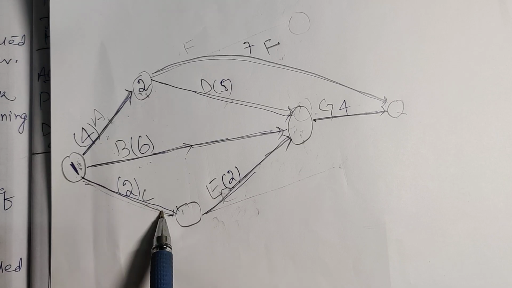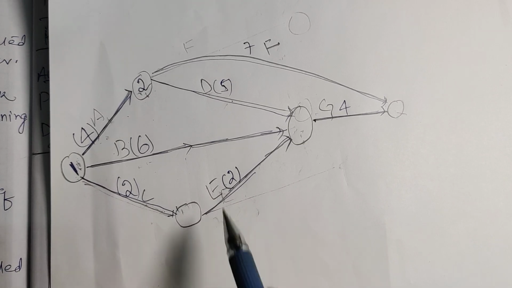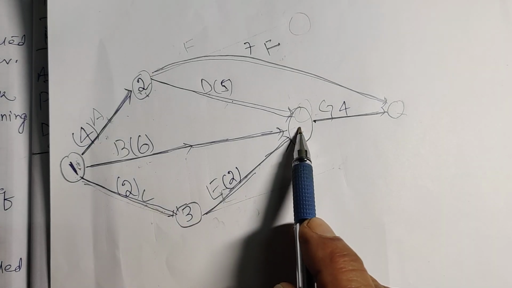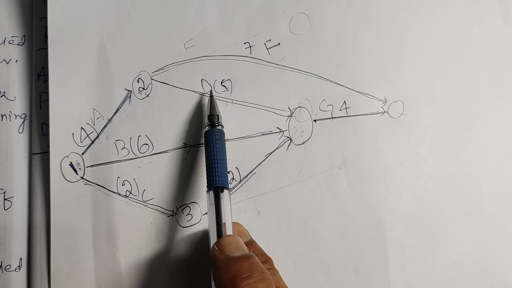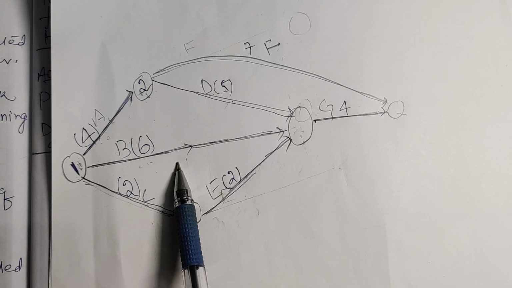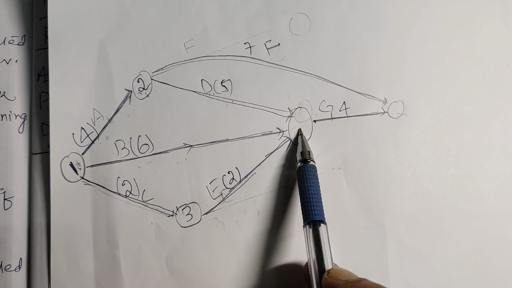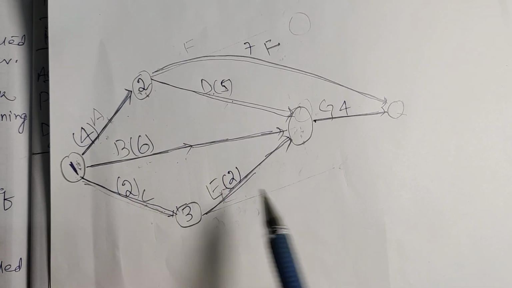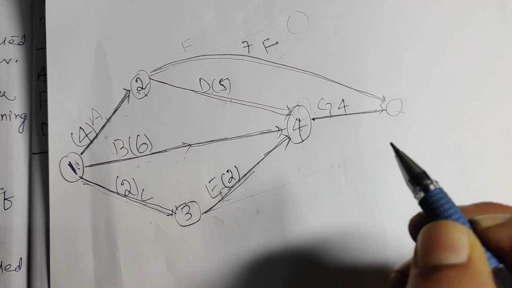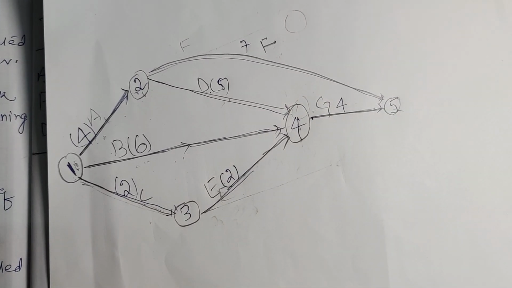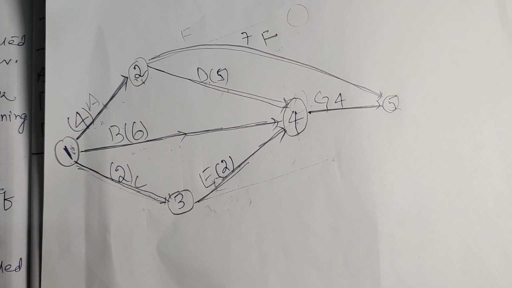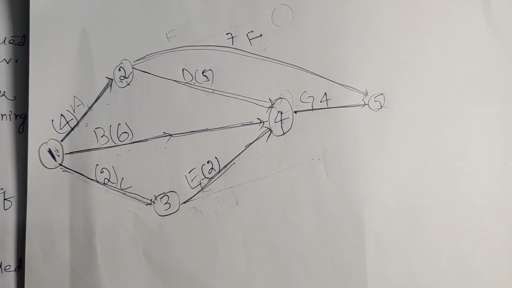For activity C, 1 is the tail node, this is the head node, so I am writing 3 here. For this circle, that is for activity D, activity B and activity E, this is the head node. So the number I am assigning here is greater than the numbers already assigned to the previous nodes. So this is 4 and this is 5. Numbering is also over.